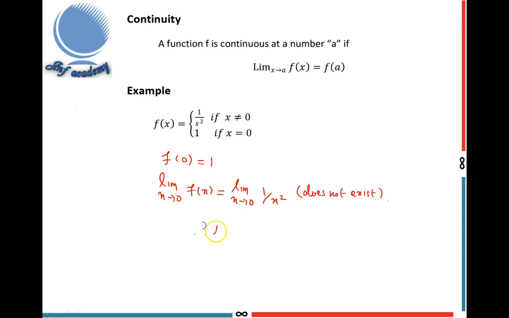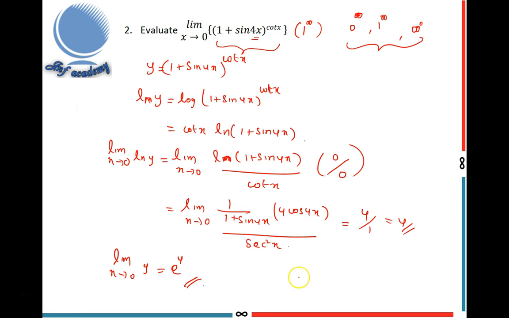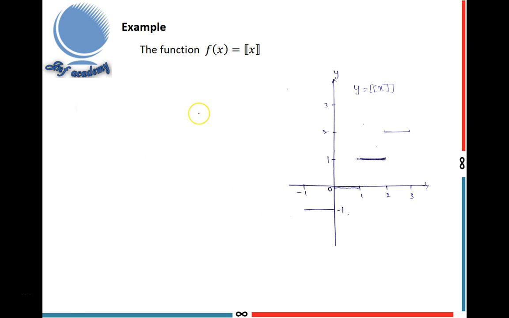So here the limit as x tends to 0 of f of x is not equal to f of 0. In this case, f is not continuous. Not continuous means discontinuous. F is discontinuous.